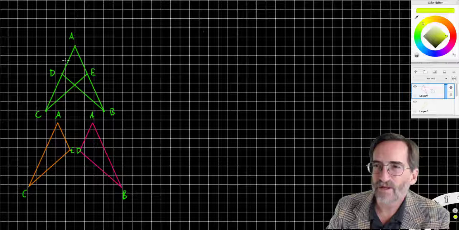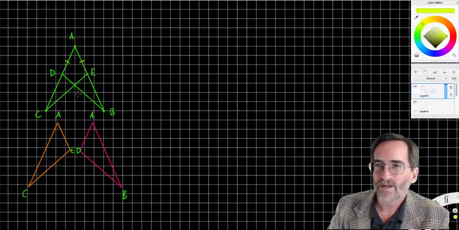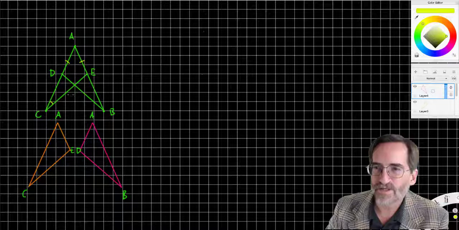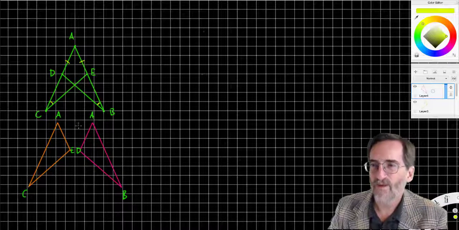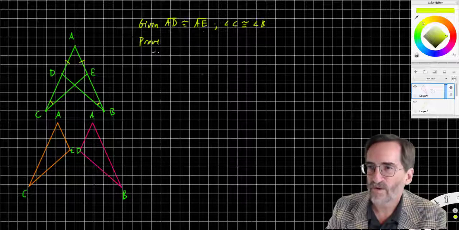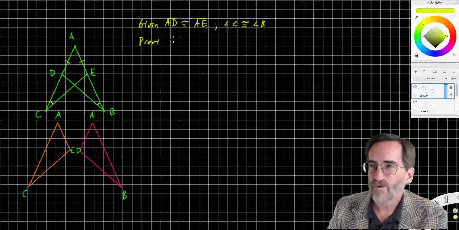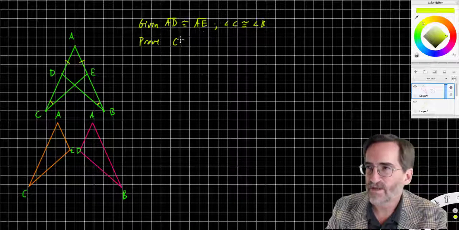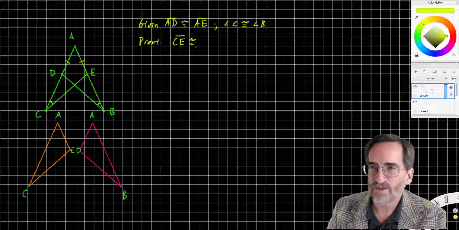Let's say we're given AD is congruent to AE, and angle C is congruent to angle B. And I'm going to prove that CE is congruent to BD.